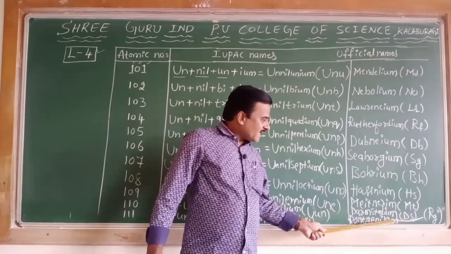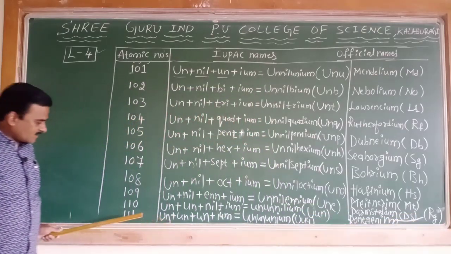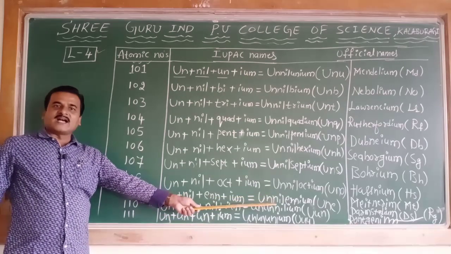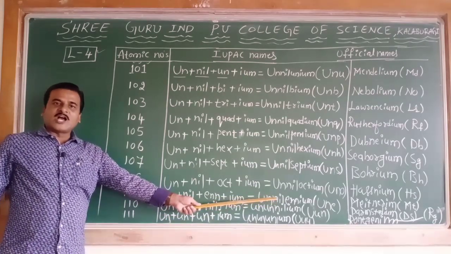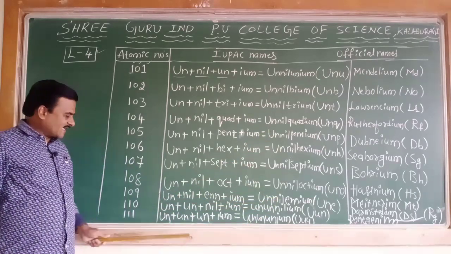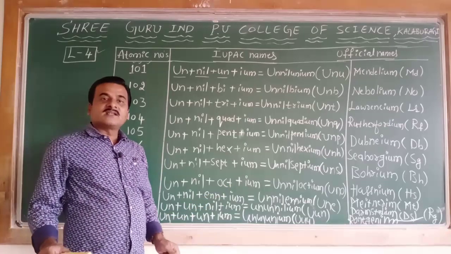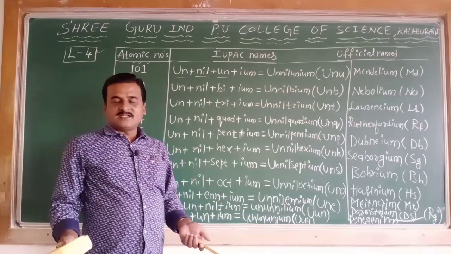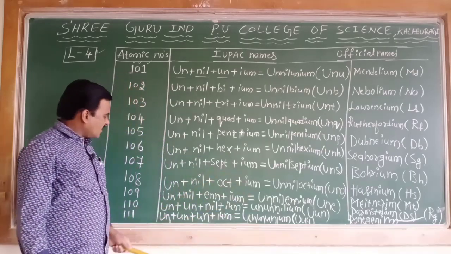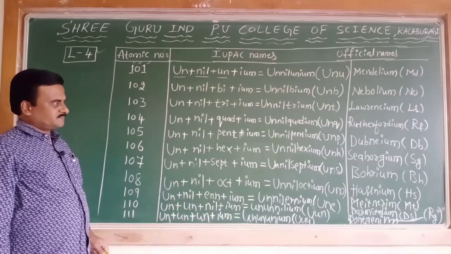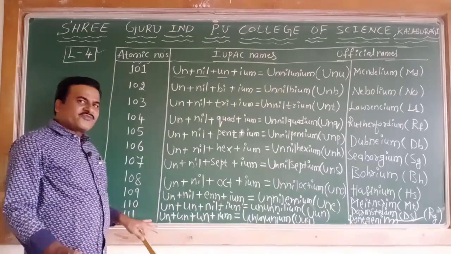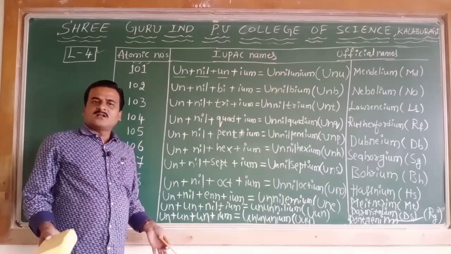Official names up to element 111 have been given by the IUPAC system, but the study is still continuing to get the official names of elements after atomic number 111. Now let's collect a few more IUPAC names.